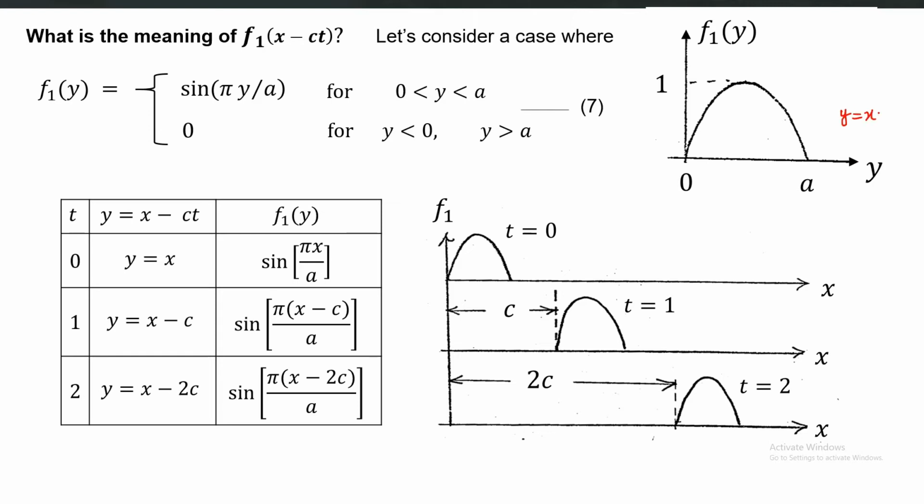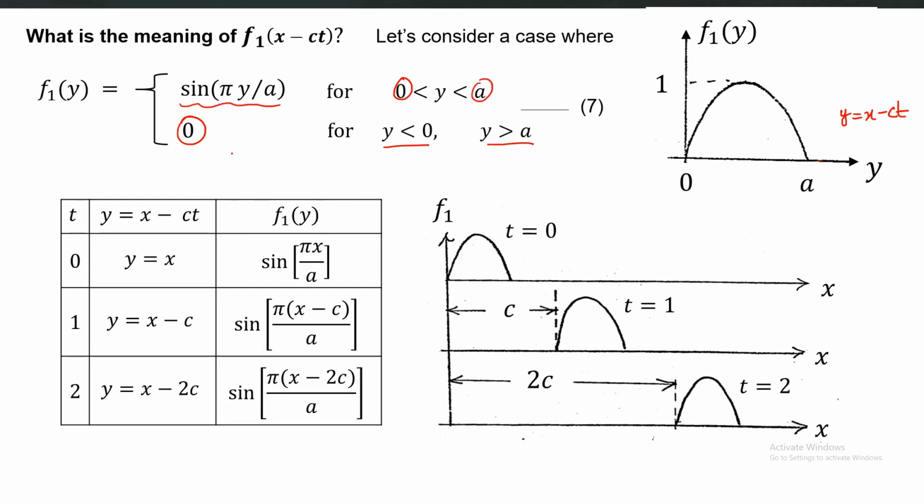Up to some distance a, it has a sine variation, and beyond a and before 0, the value of the function is 0. So it's like a half sine pulse. Before 0 and after a, the value of the function is 0, but between 0 and a, the function follows a sine variation.